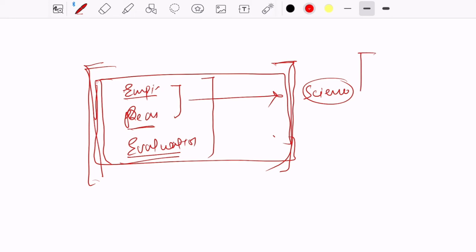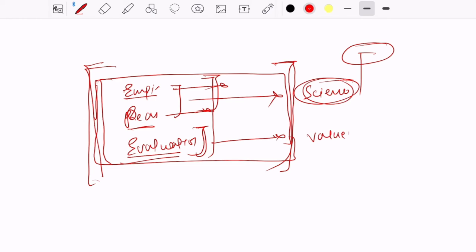Let me explain it. In science, what do we usually do? We try to analyze the environment, analyze different scientific phenomena based on certain facts, like why the sun rises in the east, why seasons change. These questions are answered through scientific analysis, through empirical data, and also through reasoning. So these constitute science. Now evaluation means value-based judgment.